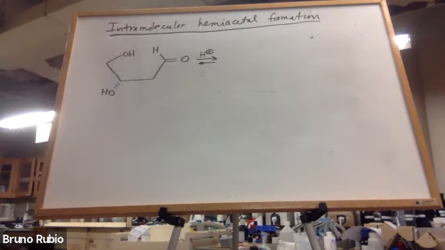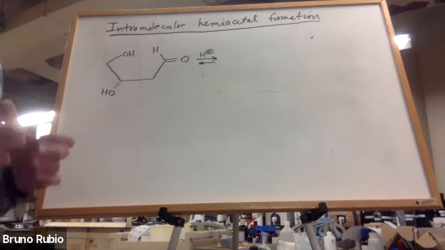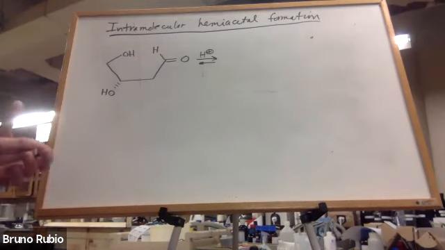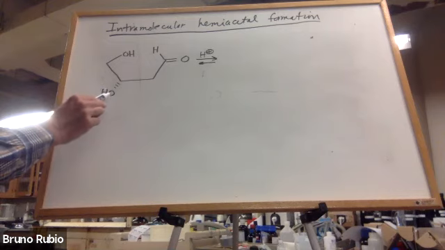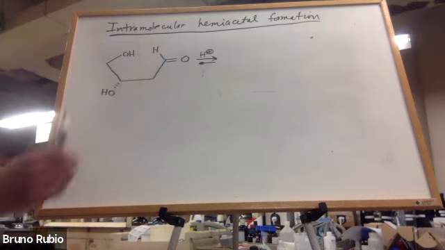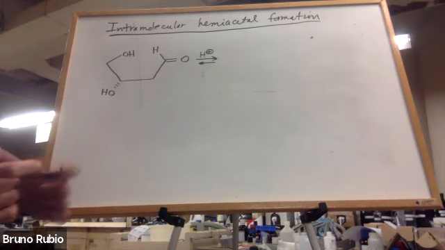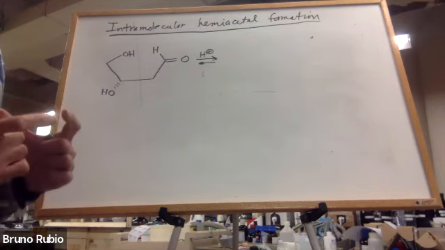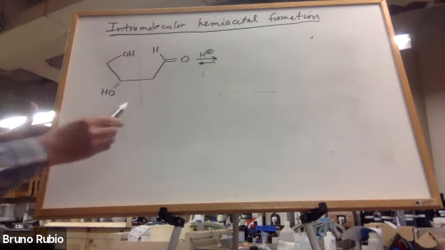No good, right? Because this intramolecular hemiacetal only takes place when a 5-membered ring or a 6-membered ring can form. So that's an alcoholic OH, that's an aldehyde, but the intramolecular reaction will not happen because that's going to lead to a 4-membered ring.